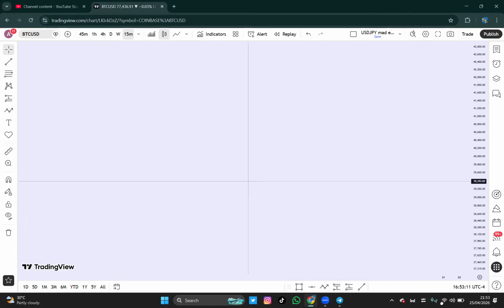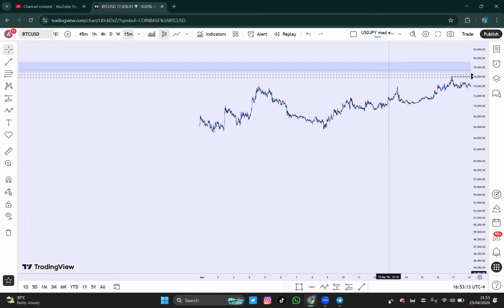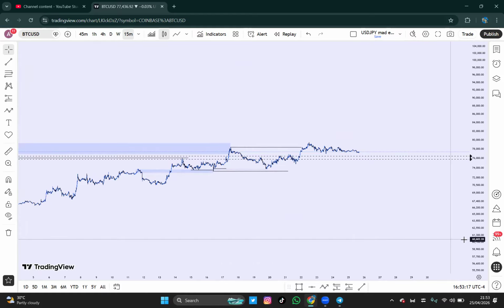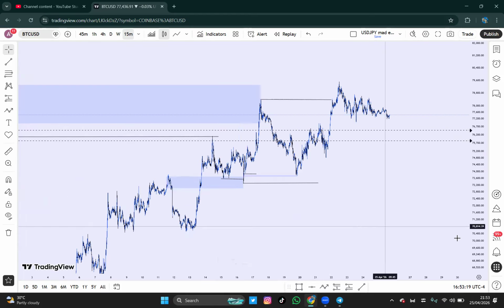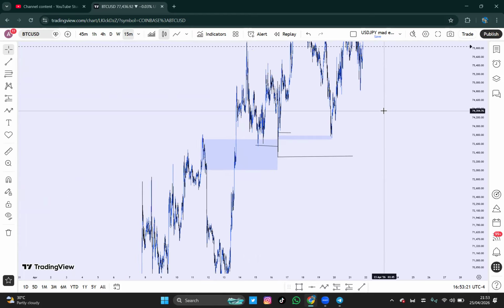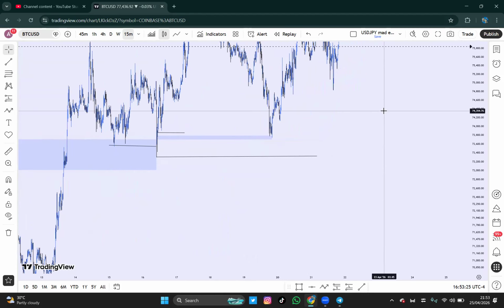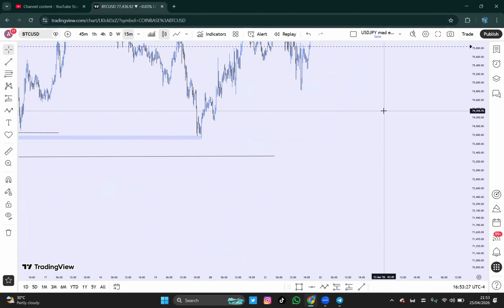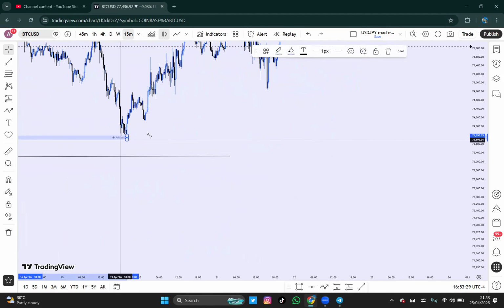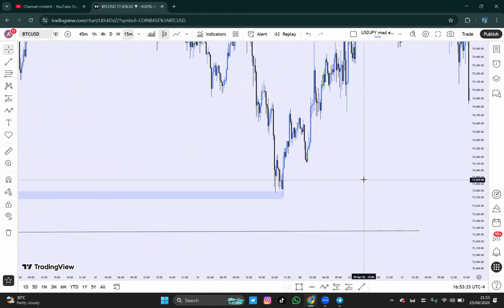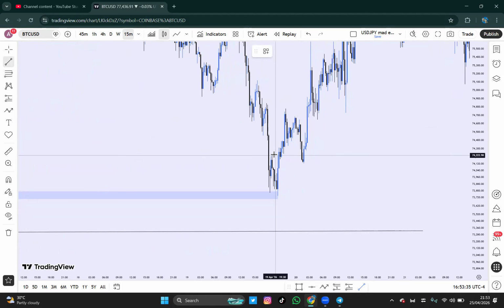I said higher time frame structure, then what? Sweep of liquidity. After sweep of liquidity, then what? Market structure shift, then what? Inducement, then what? Point of interest. If you look closely, you see the lower high in the market, which was this.